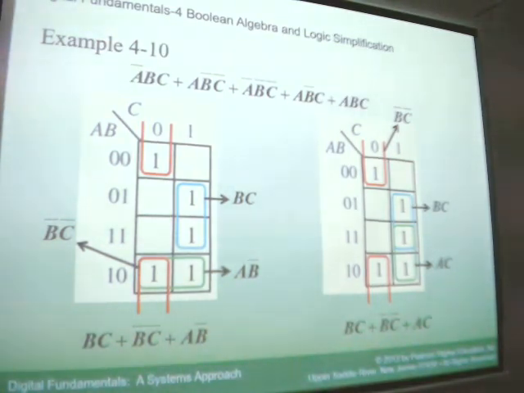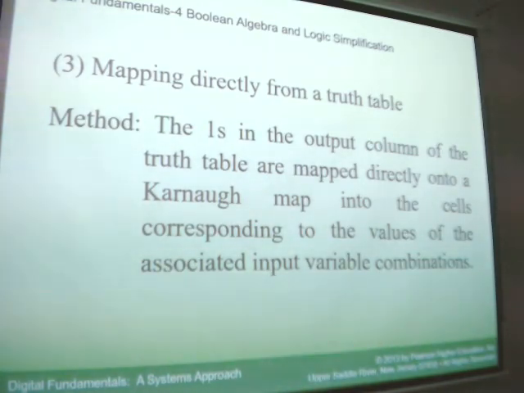So we now understand how to simplify a Boolean expression to a minimum SOP expression using the Karnaugh map. Then, if we know the truth table, we can also map the truth table to a Karnaugh map.